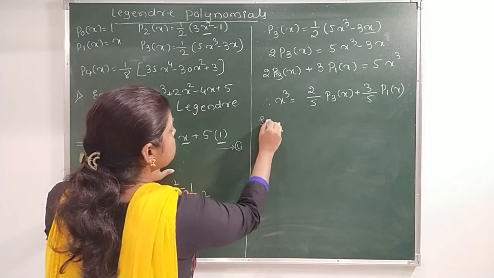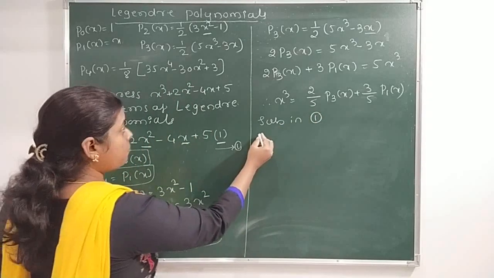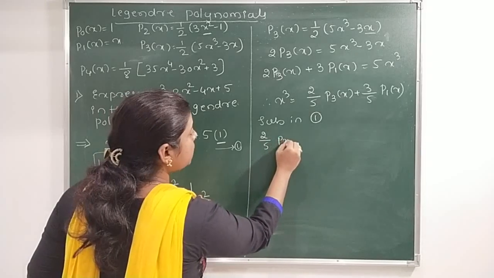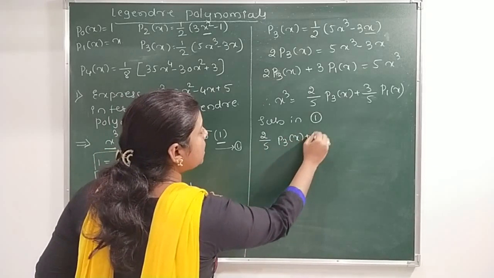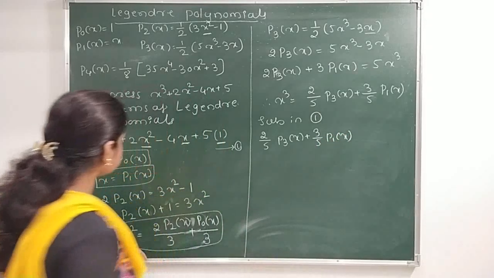Substituting in the equation. First x cube we replace with 2 by 5 P3 of x plus 3 by 5 P1 of x.